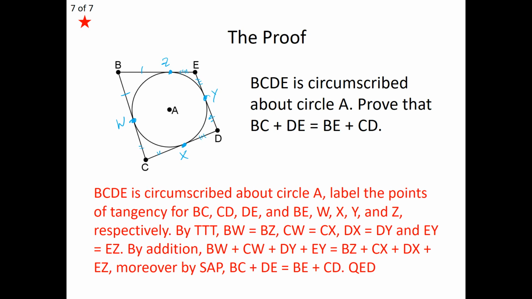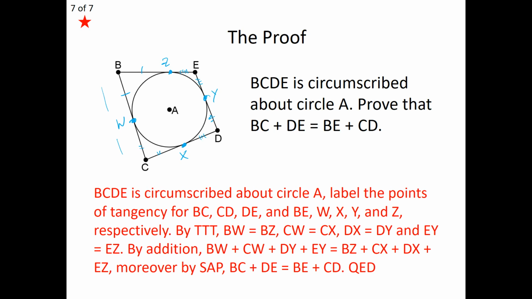So how does this help us? Well, I'm going to strategically add equals to equals such that the sum of those parts will end up equaling the whole. Let's begin on the left side of our equal sign. I'm going to take first this segment BW and the segment CW and add them together. I can add equals to equals.